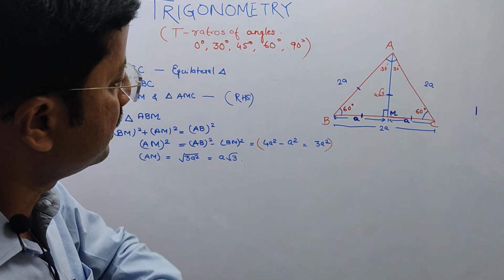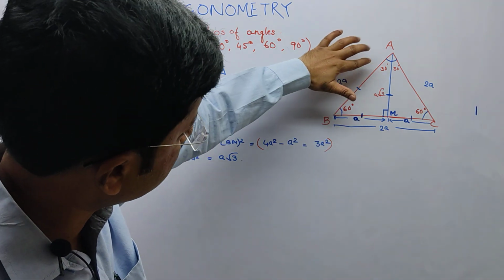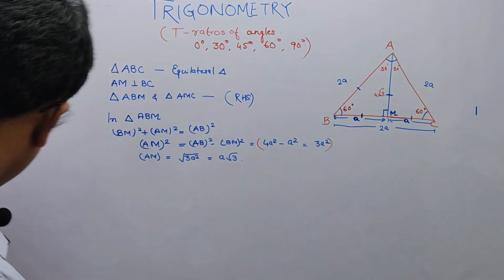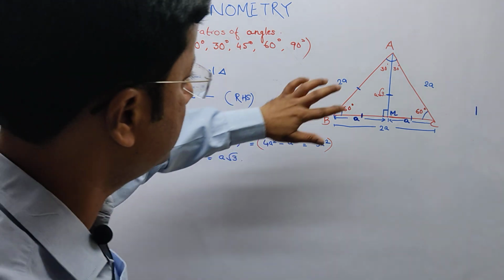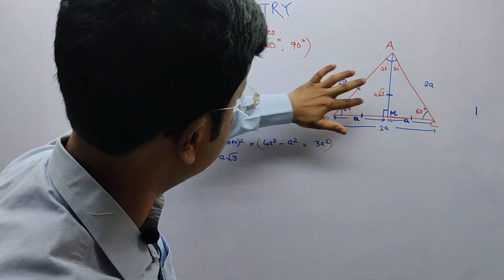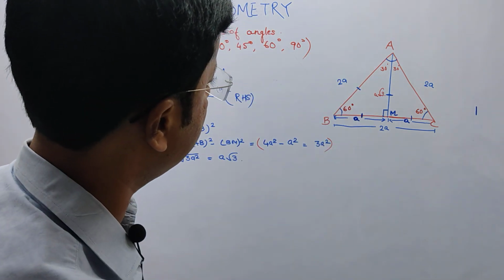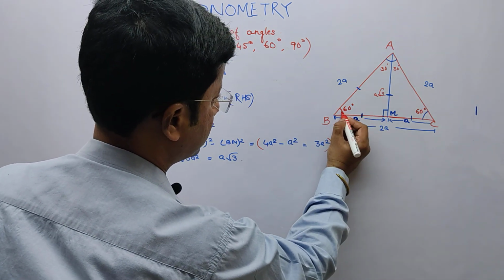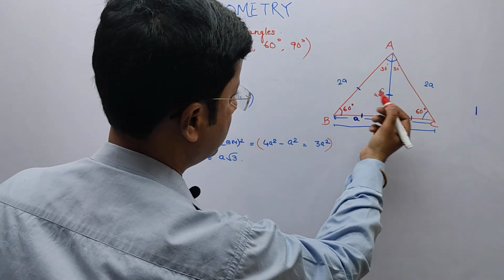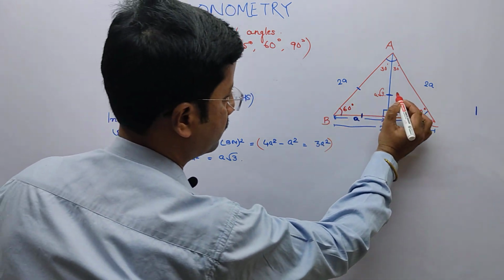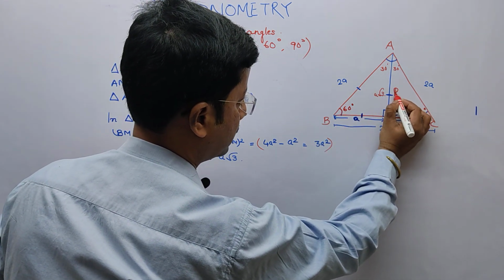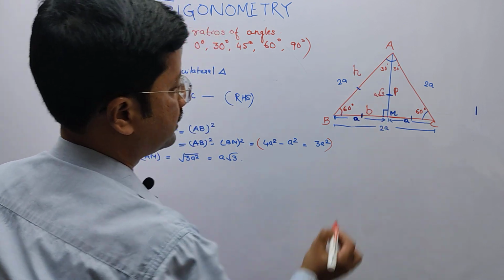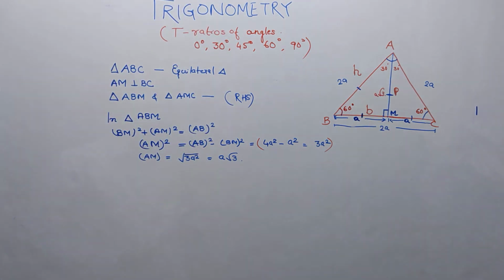Now just have a look at this triangle ABM. We are looking at this triangle only, ABM. So in this triangle ABM, we are taking angle 60 degrees, so the side opposite to 60 degree will be the perpendicular, so this is perpendicular, this is hypotenuse, and this is base, right.